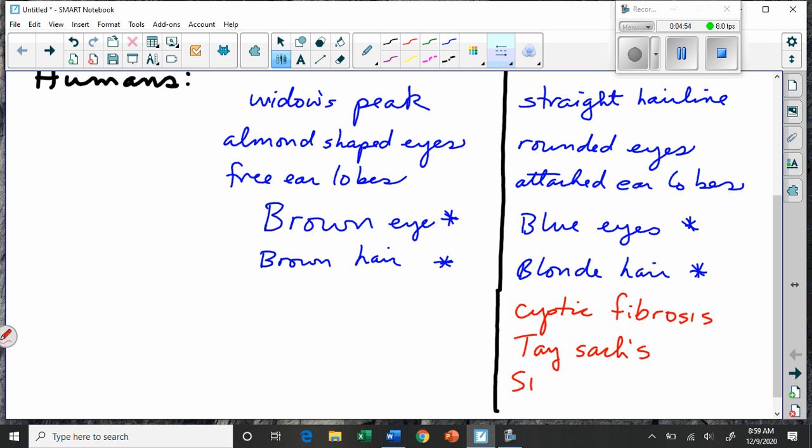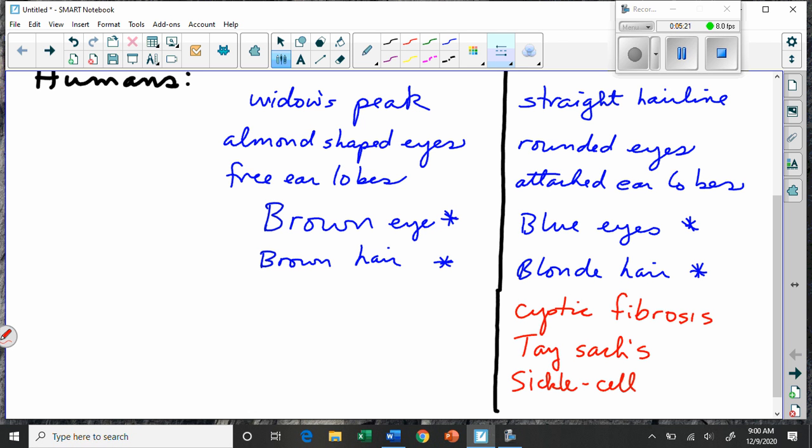Sickle cell anemia. This is where your red blood cells, instead of being round, are kind of crescent moon shaped, or like a sickle, right? And you find this a lot in African populations because it turns out that sickle cell anemia compromises your ability to transport oxygen slightly. But amazingly, it also seems to confer a little bit of resistance against malaria.